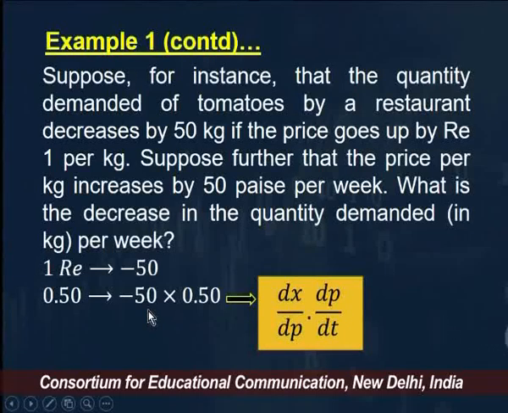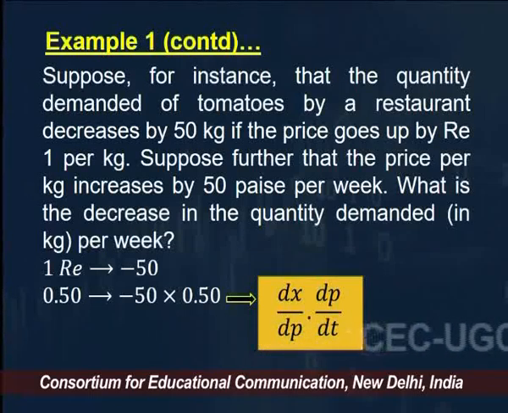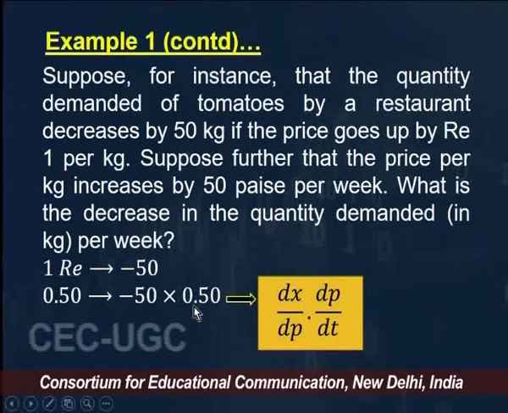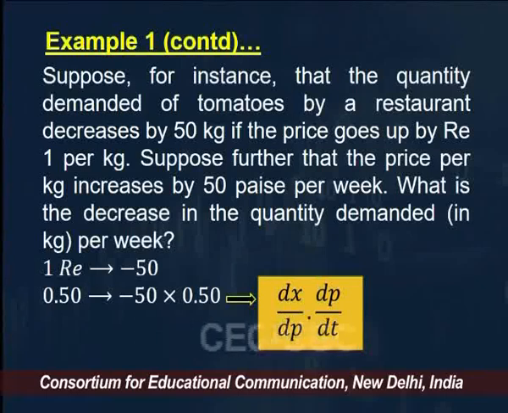If we take dx by dp approximately as minus 50, how quantity demanded changes with respect to price, and if we take dp by dt as approximately 0.50, this is exactly the calculation that we'll be doing to calculate dx by dt, which is nothing but the decrease in the quantity demanded per week. And that, as you can see here, would be 50 times 0.5, which is going to be 25 kilos.